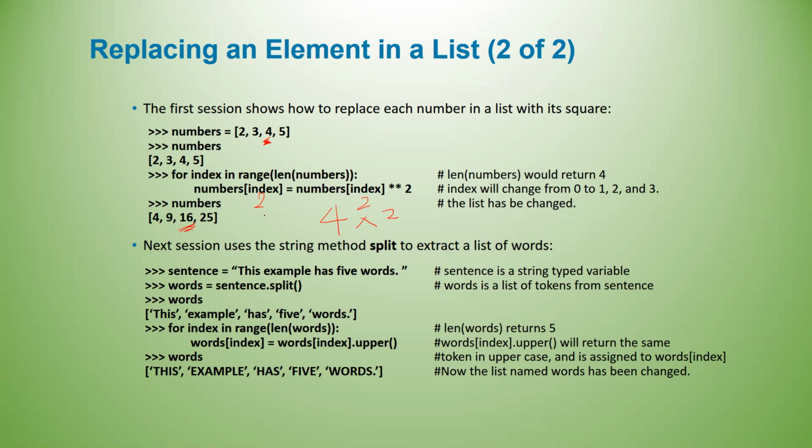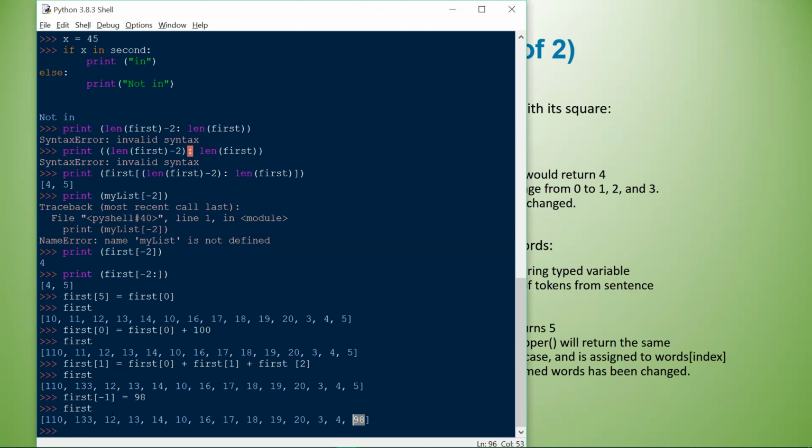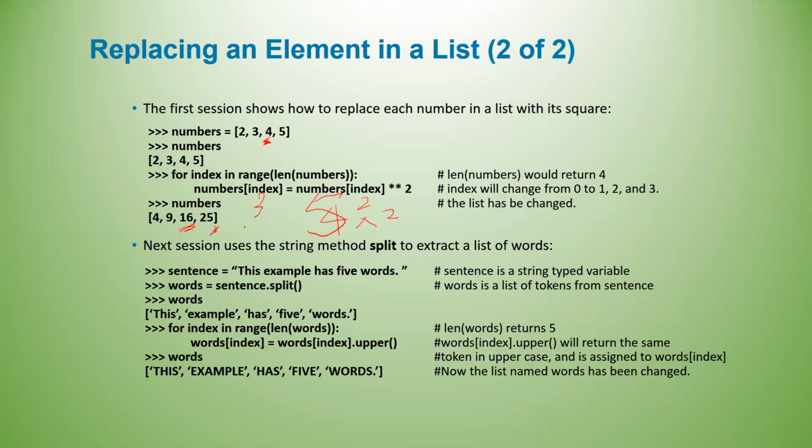The next time when this index is 3, this gives you 5, right? 5 raised to the power of 2 gives you 25. Okay, so you are changing the whole list. Unlike what we did here, where I'm changing just one element, here we are changing the whole list using a for loop.